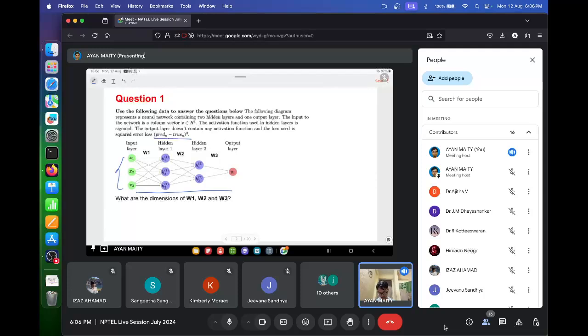So now what are the dimensions of W1, W2, W3? These are the three weight matrices: W1 is the first, W2 the second, and W3 the third. Assume that we are excluding the bias terms and only considering the weight matrices. So what are the dimensions of W1, W2 and W3? You can write your answers in the chat.